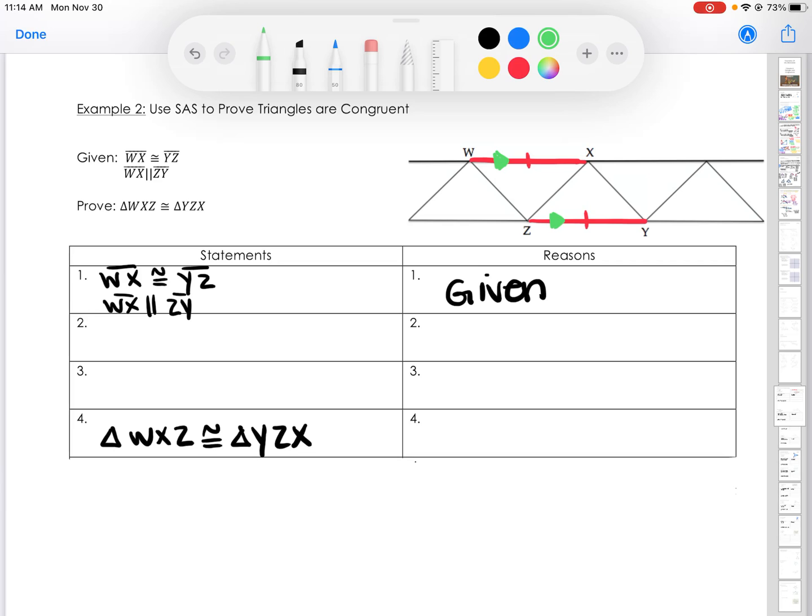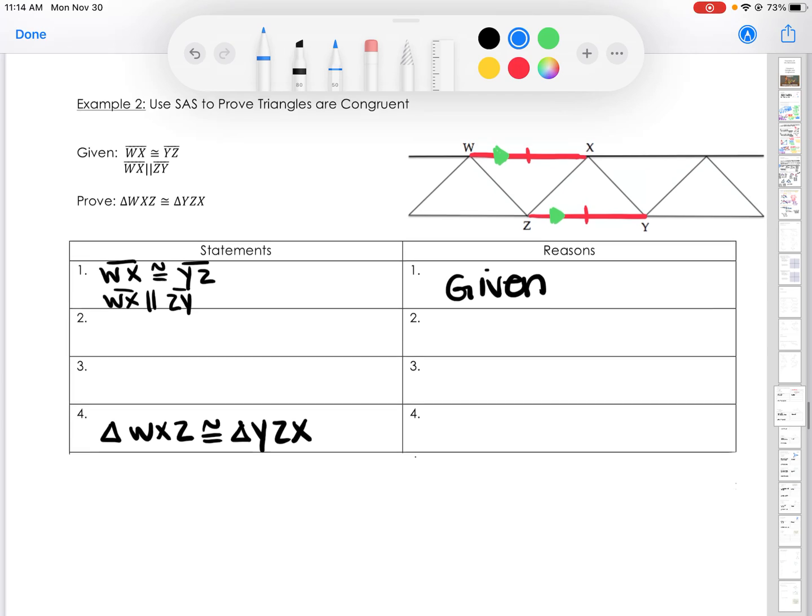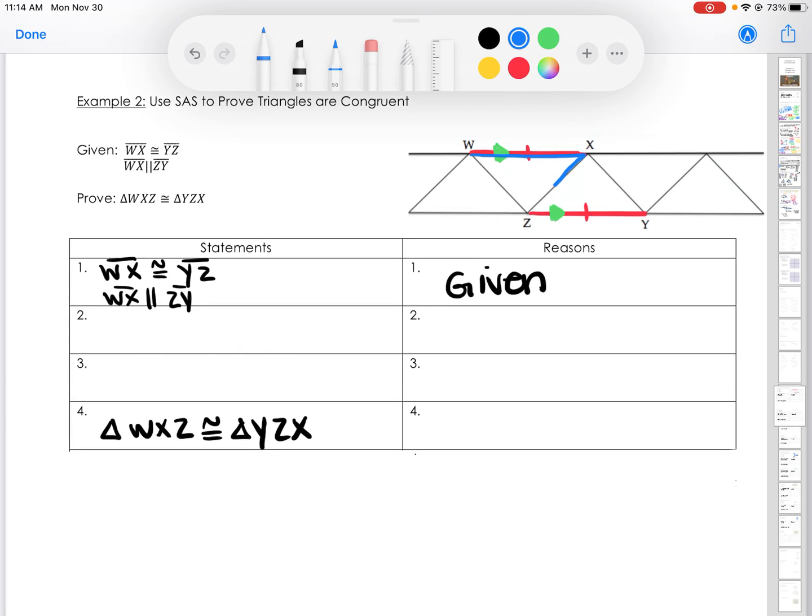Okay, so we can use the concept of transversals to help us out here. Our end goal is to prove that WXZ, this triangle, is congruent to YXZ. So these are the two triangles I'm working with here. All right, so we need an angle and we need another side.